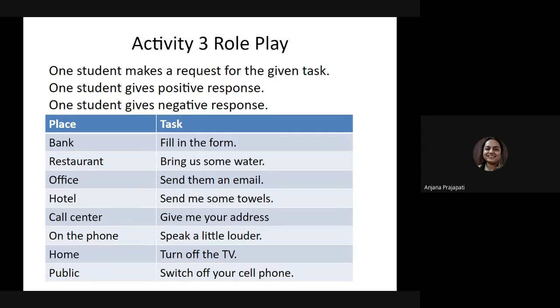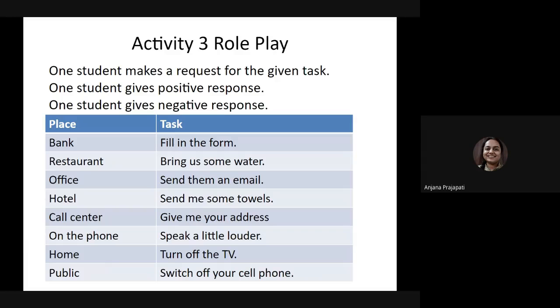The first place is bank, and opposite to that is a task, which is fill in the form. What I request you to do is write down dialogues of 4 to 5 lines, a conversation that involves one person asking to fill the form and the other person responding to it. You write the conversation in the form of dialogues for both the parties.